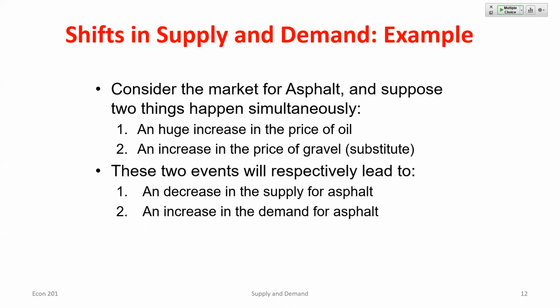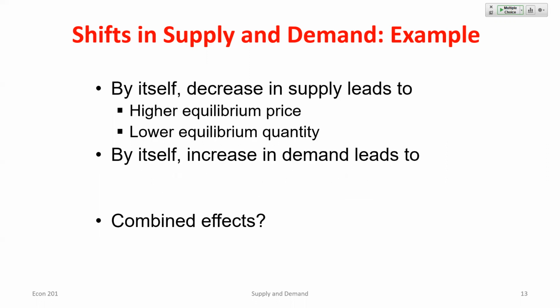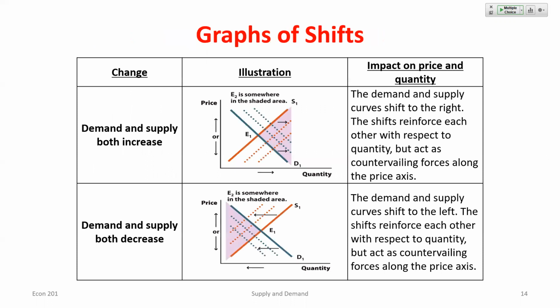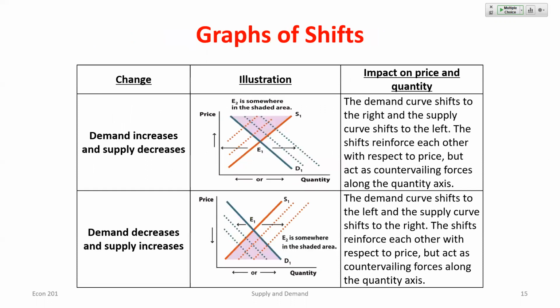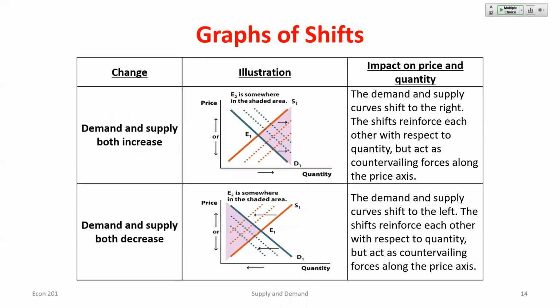So we were using this asphalt example. We were thinking about changes that simultaneously occur in supply and demand and how we can understand those changes. Here are some summaries. I could have a demand decrease and supply increase, demand increase and supply decrease, or both demand and supply increase, or both decrease.